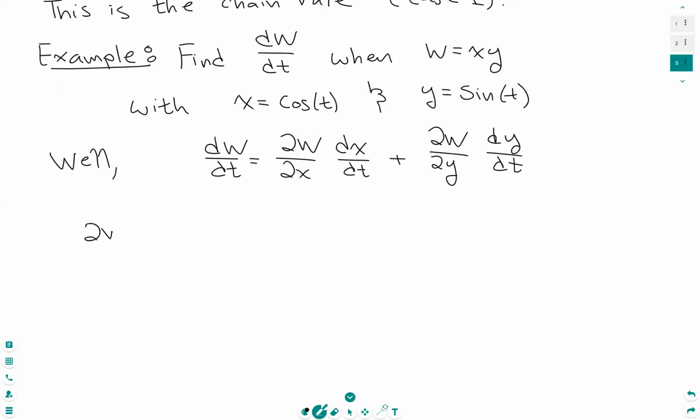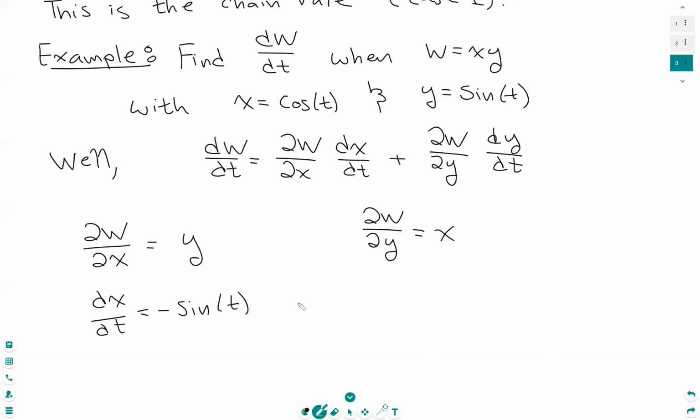We have that partial w partial x is equal to y. We have that partial w partial y is equal to x. We have that dx/dt is equal to negative sine of t.